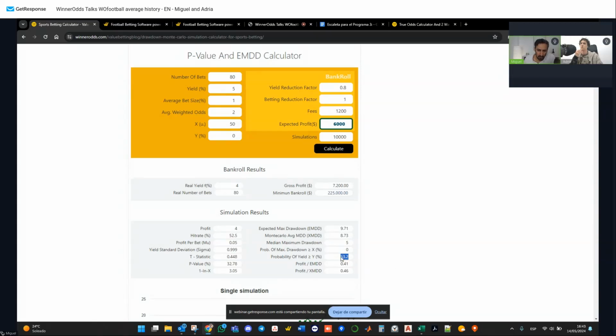So there is 100 minus 63, which is 37% probability of not winning after 80 bets. So the fewer bets you place, the lower the probability of having profit.